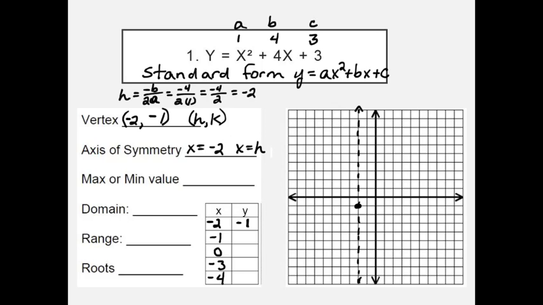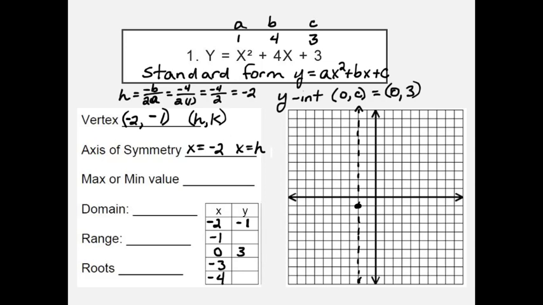Well, 0, one thing we know, this is the other thing we know about something given in standard form, is that the y-intercept is 0, c. So in this particular example, it's 0, 3, because our c value is 3. So I know I have a point at 0, 3 just from the original standard form equation.